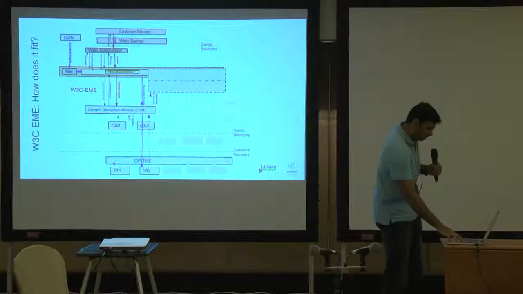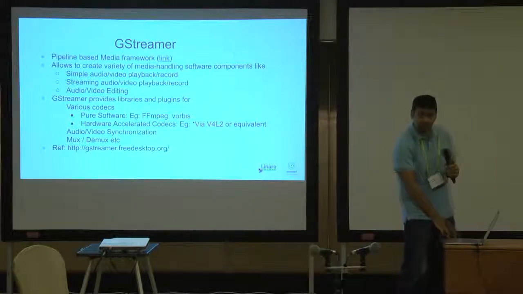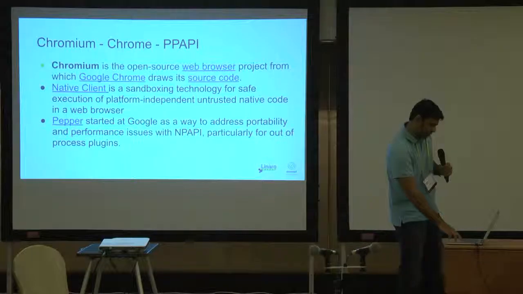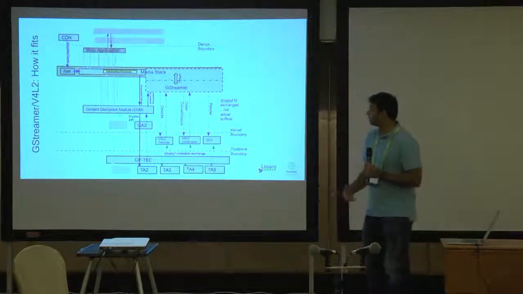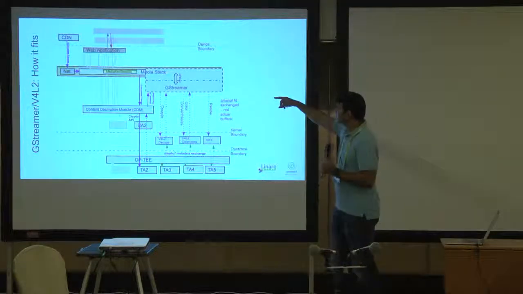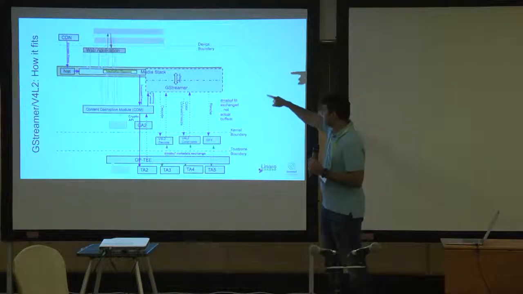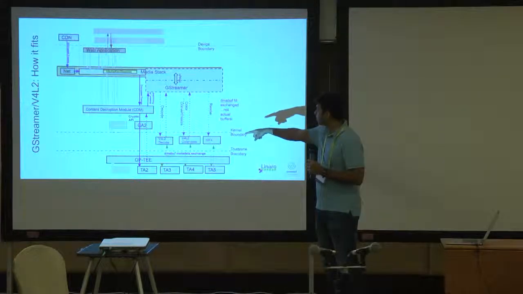So we talked about the V4L2 based hardware accelerated decoder, we talked about GStreamer, which is the framework, and we talked about Chromium. So how does this fit into the work that we're doing here? You have the browser, you have GStreamer, and GStreamer is plugged into the media stack of the Chromium browser using the Pepper plugin API, right? And then you have the Video4Linux2 based decoders in the kernel.